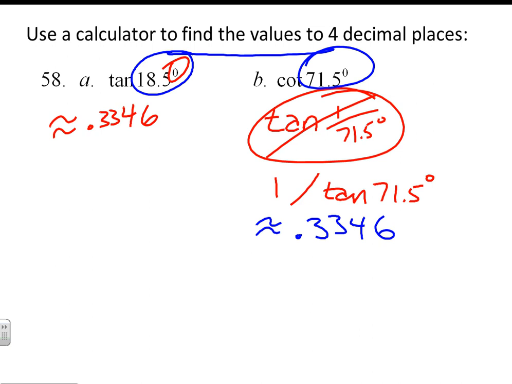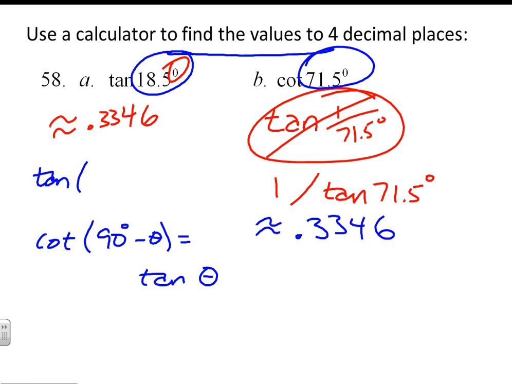That is because 18.5 and 71.5 add up to 90 degrees, and we learned earlier that the cotangent of 90 degrees, or pi on 2, minus theta, some angle, equals the tangent of the original angle. In other words, if these guys are complementary and we're dealing with cofunctions, the results are going to be the same.